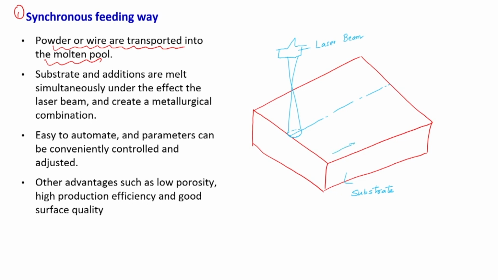Now, let us assume that the substrate is moving in the x and y direction. To have the feeding, we can have a nozzle over here, which is feeding the foreign material, and this nozzle is also moving in x and y.